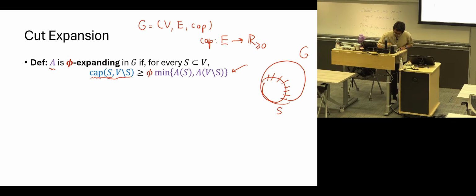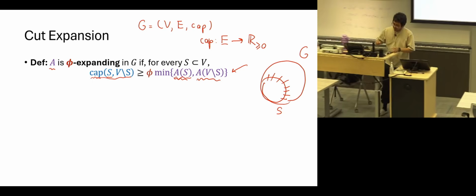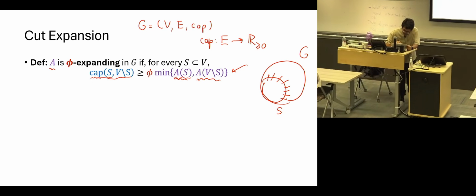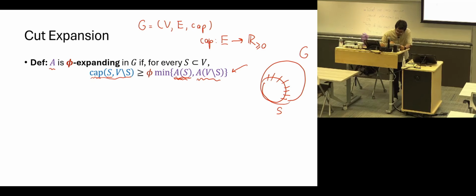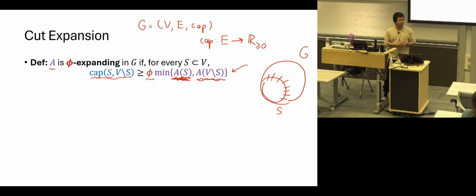It's at least the minimum size, the smaller size of A on the two sides, times phi. So that's the definition.